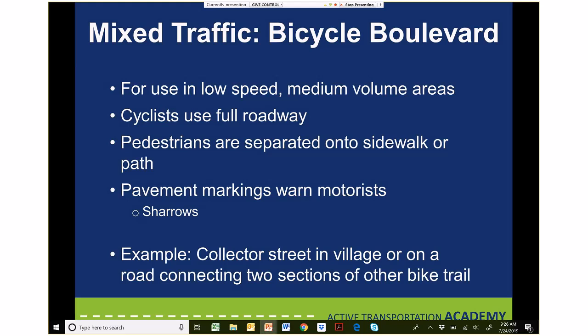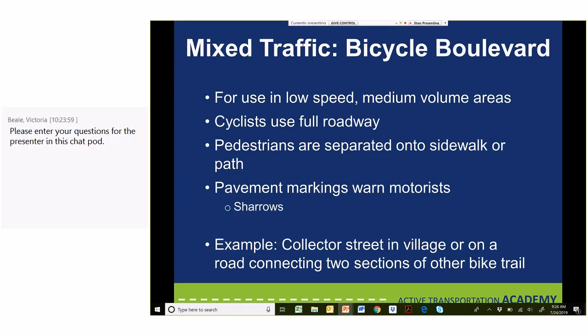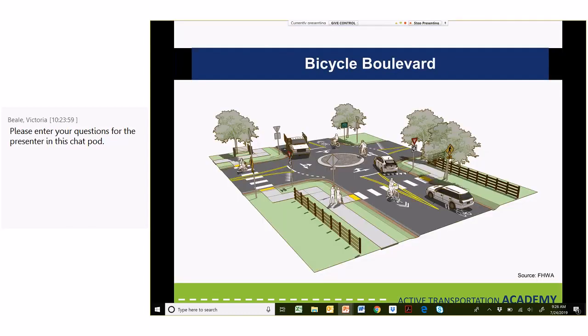So cyclists use the full roadway, pedestrians are still separated onto a sidewalk or a path, and there are sharrows on the street, and then our signage as well. And then, here's an example of, we put this in your village center or on a connecting road that accesses a bike path, which tend to run through rural communities. Then we'll show you what they look like. And so here, actually, this is the wrong image.